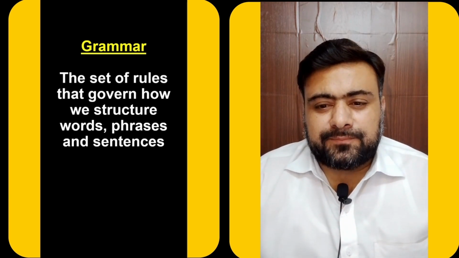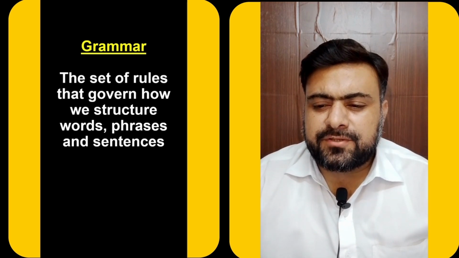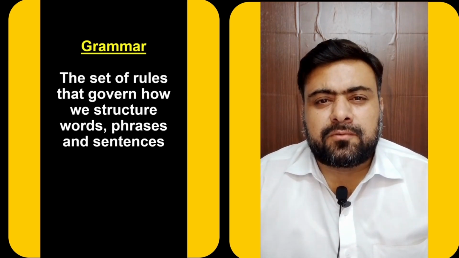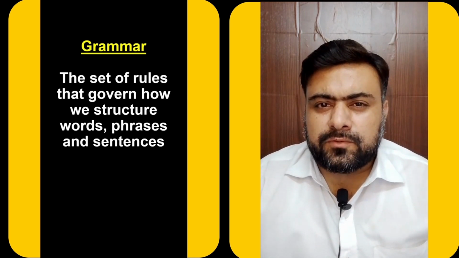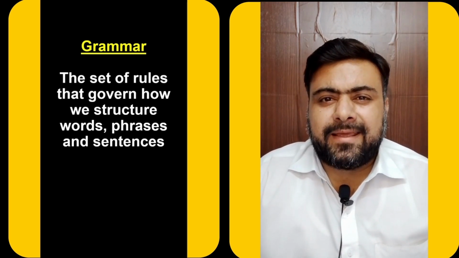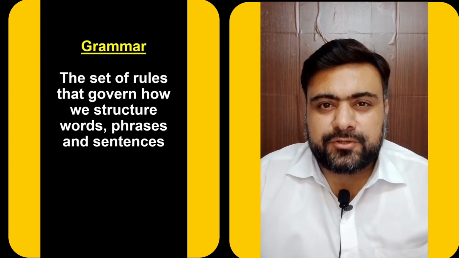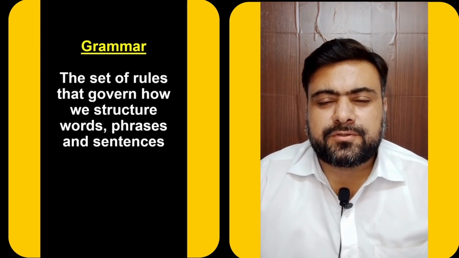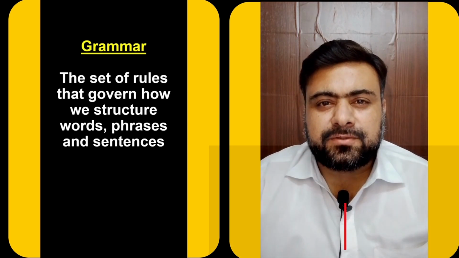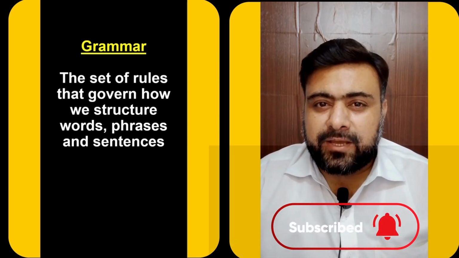What is grammar? The set of rules that govern how we structure words, phrases, and sentences. Grammar is nothing but a set of rules. Let me explain it. When you open an English book, what do you see? You see lots and lots of words. These words are divided into various categories. It is the job of grammar to name those categories.